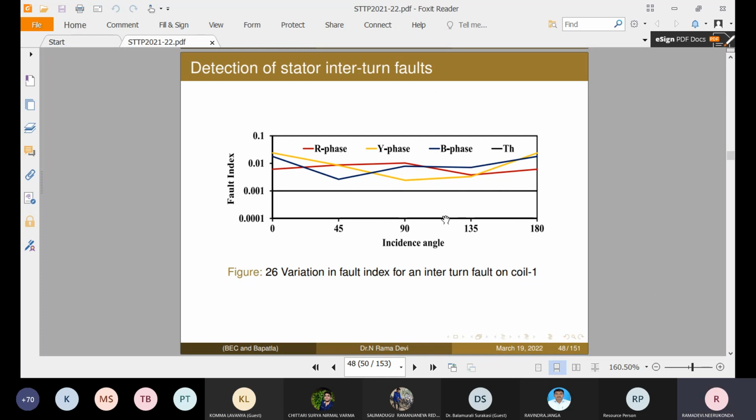So we plot the variation in fault index for an interturn fault on coil 1 over a period of 180 degrees, with a gap of 45 degrees.